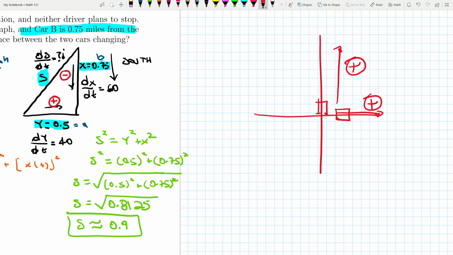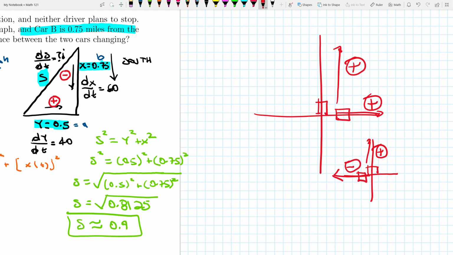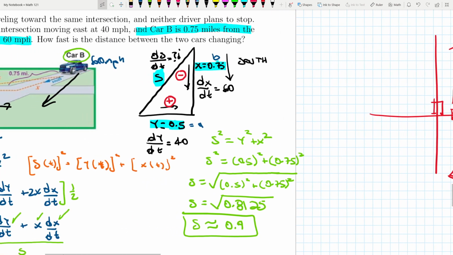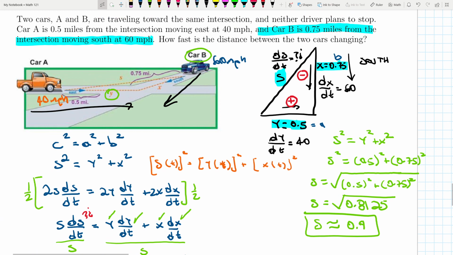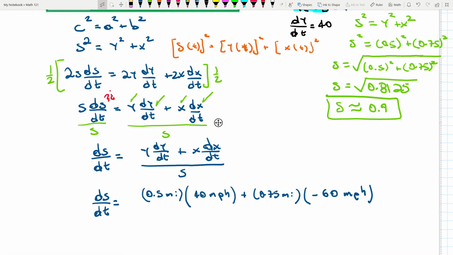Or we could have had the situation in which one car goes to the north with a positive velocity, and the one going to the west with negative sign. So here signs matter, and I will show you in a minute why these signs will matter in the end. Well, let's keep computing this.